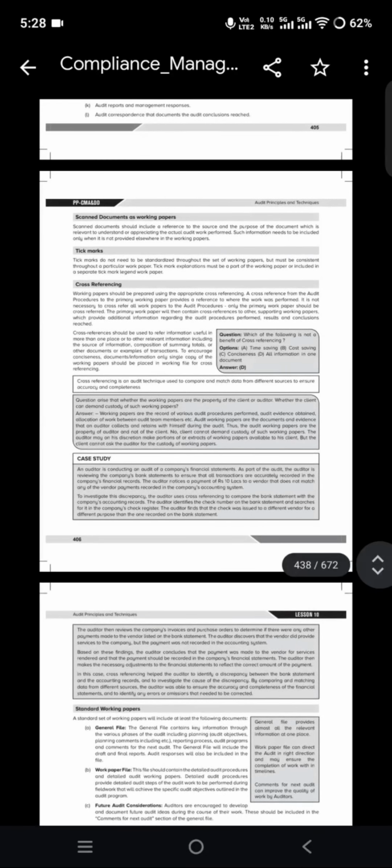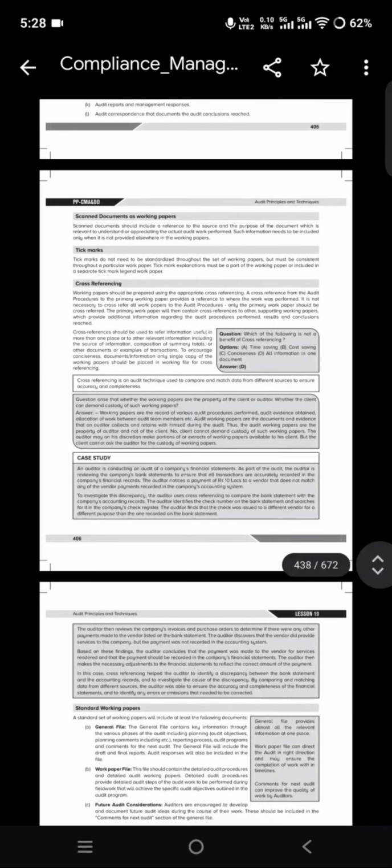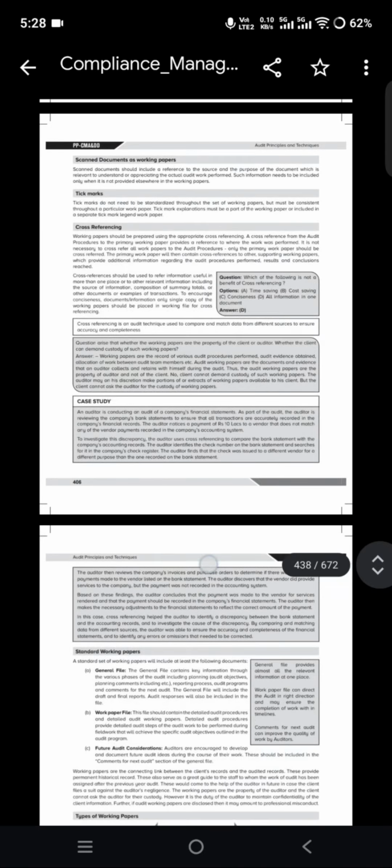So, we will go through this. Working papers are the record of various audit procedures performed, audit evidence obtained, allocation of work between the audit team members, etc. Audit working papers are the documents. See, what we have read in the first para, that itself is repeating here. Audit working papers are the documents and evidences that an auditor collects and retains with himself during the audit.